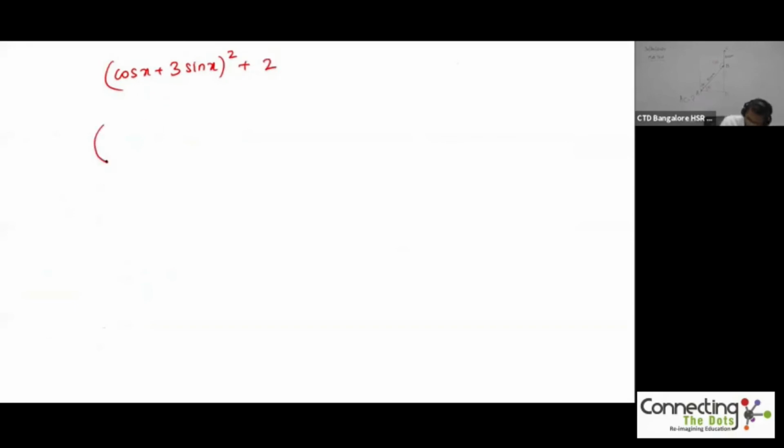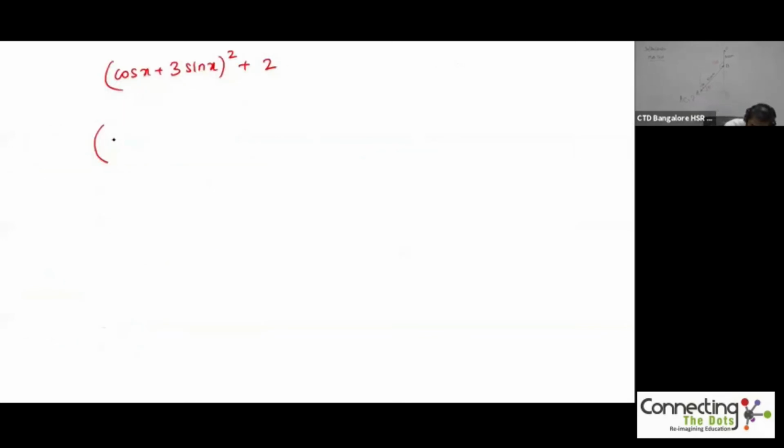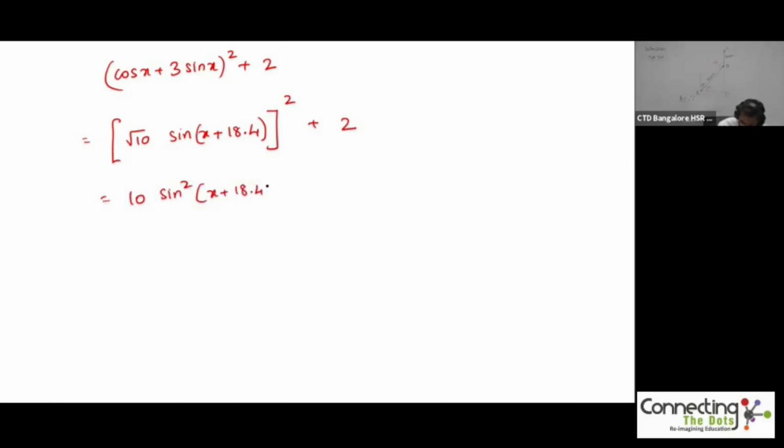Now, what was inside the bracket has been written as root 10 sin x plus 18.4. So this is equal to root 10 sine of x plus. Thus it becomes 10 into sine square x plus. Now we really don't care much about this except that it is a sine function, right? And it is squared.